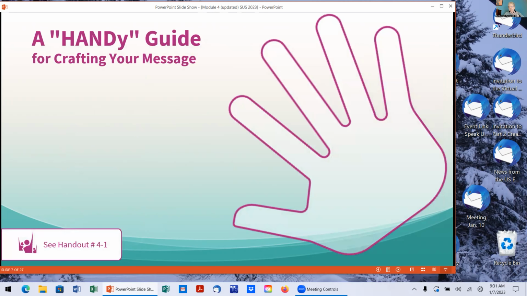In the handouts that you should have been able to access, hopefully, there was a handout 4.1 called the Handy Guide for crafting your message. It's a handy way to remember these essential components. So let's look at each of those.